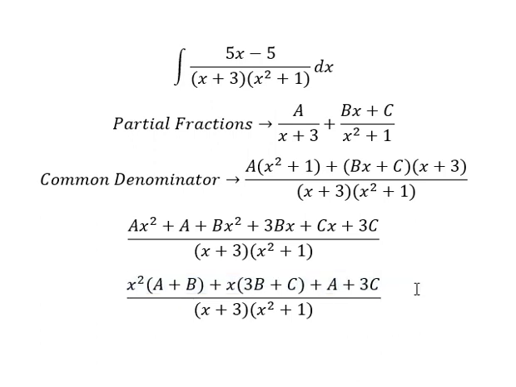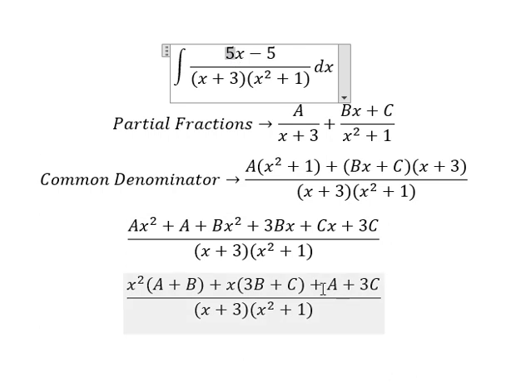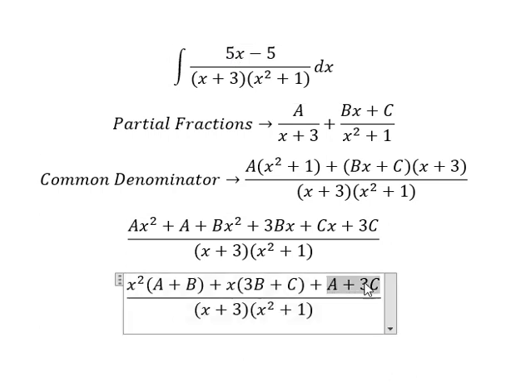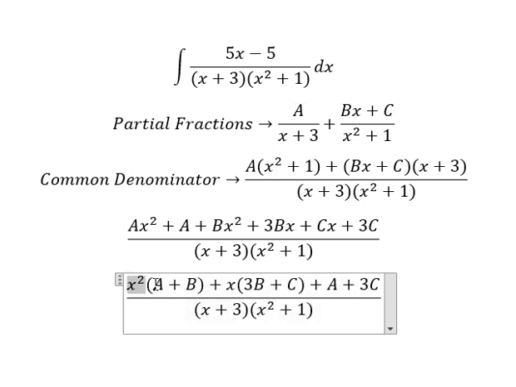Now we need to compare coefficients. We have 5s, that means this one equals 5. We have the numbers, this one equals negative 5. We don't have s squared, that means A plus B equals 0.